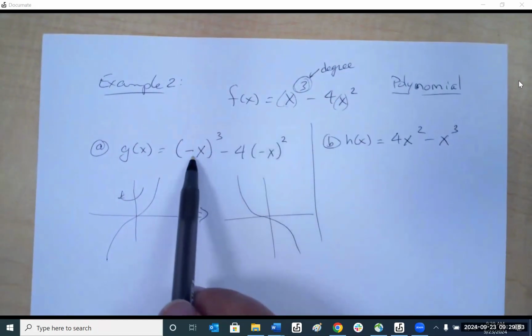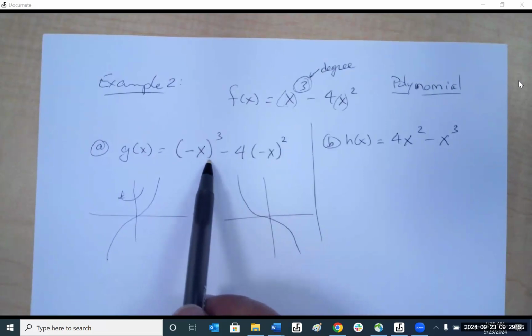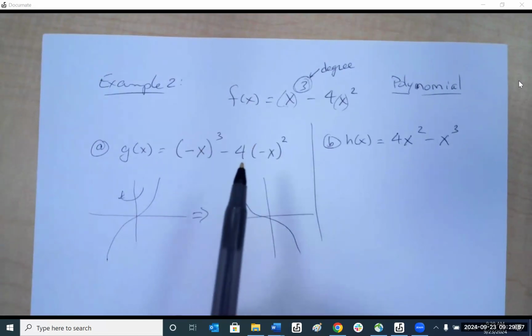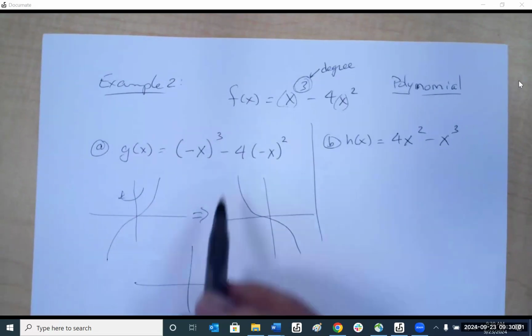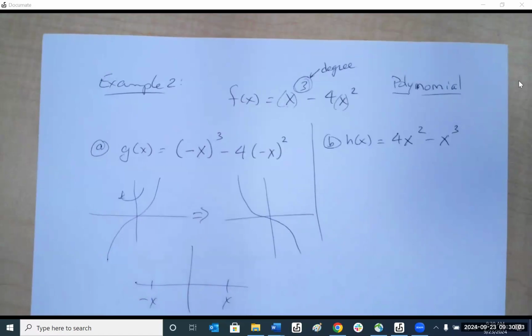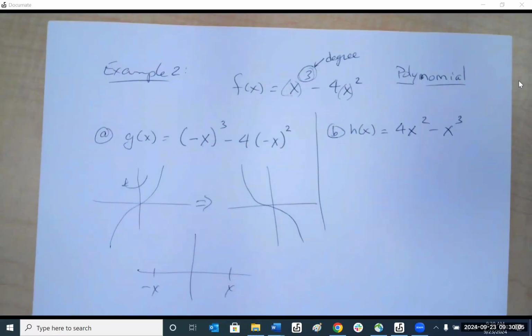Because remember, if you change the sign of x, you reflect across the y-axis. Think about it. It goes from positive x, you've now changed it to negative x. That's why it reflects across the y-axis.